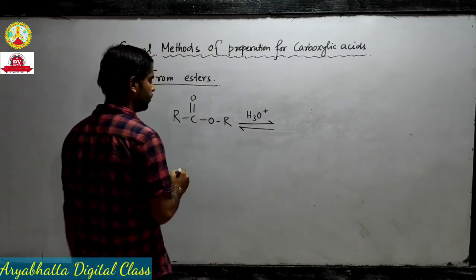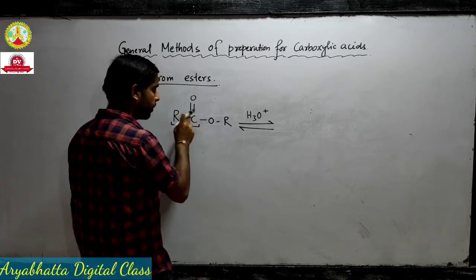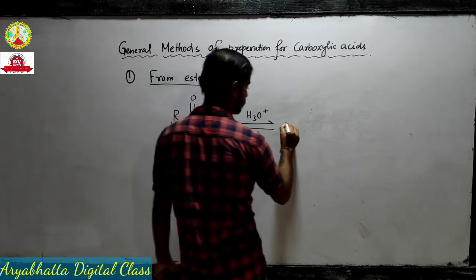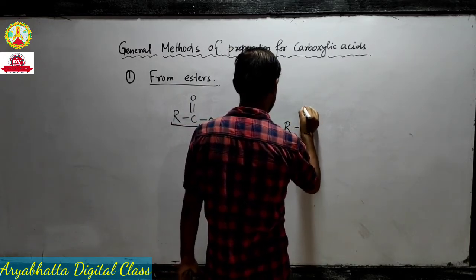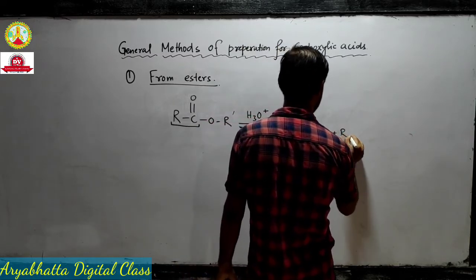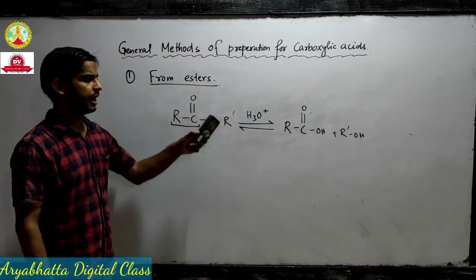Acid hydrolysis will produce, see this part, the part which contains the double bonded oxygen to the carbon, will be converted to acid, and the other part will be converted to an alcohol.